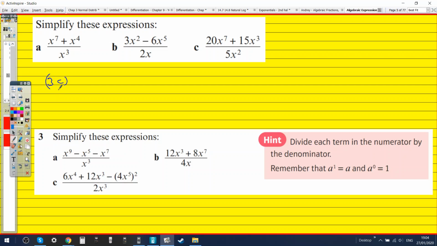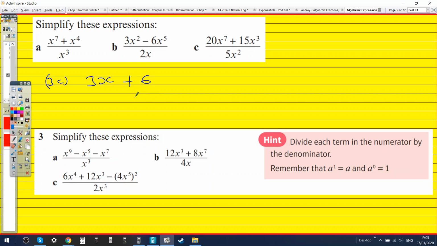So if you separate, the first one, for example, you get 3x for the first bit, and then 6. Oh no, will it just be 6? Yeah.